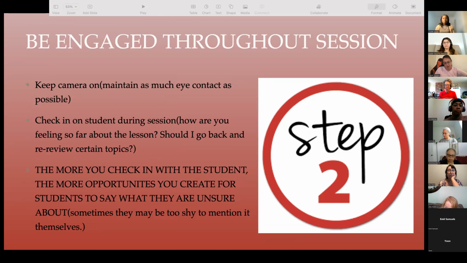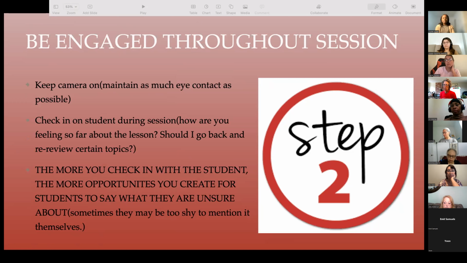I always have a rule that the students need to keep their camera on, and for me to try to make sure I'm maintaining as much eye contact as possible. If you have a child with autism, and that's their learning difference, sometimes they have trouble with eye contact.